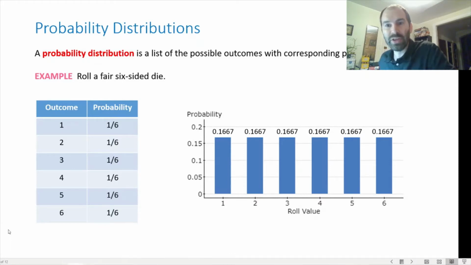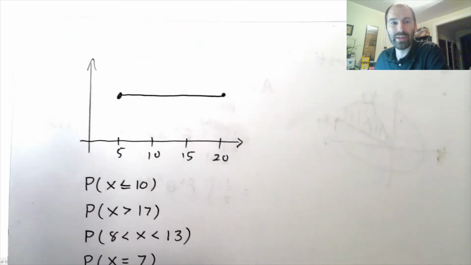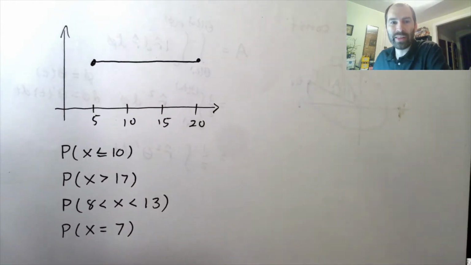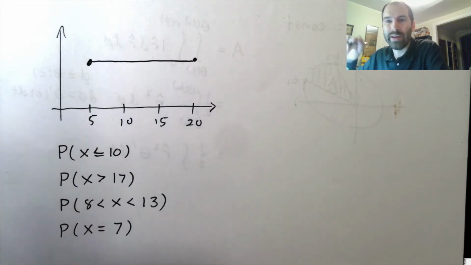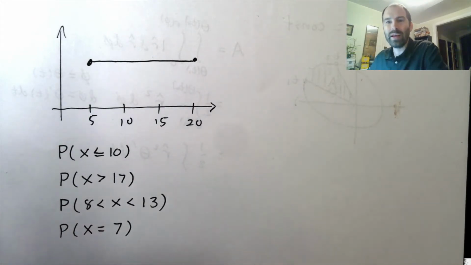Well, what does a continuous uniform random variable look like? It looks like this. It's just a straight horizontal line. That's all it is.